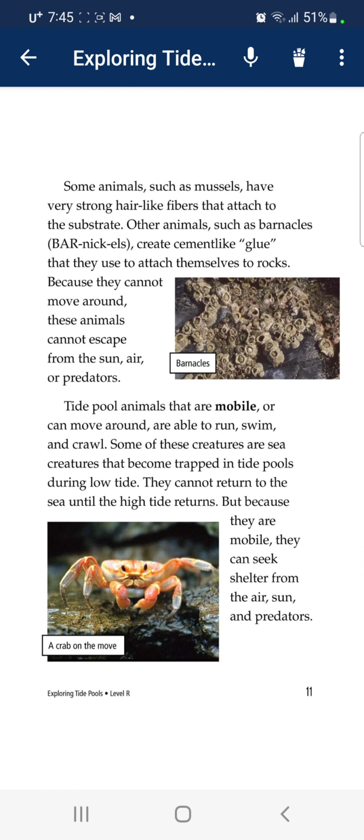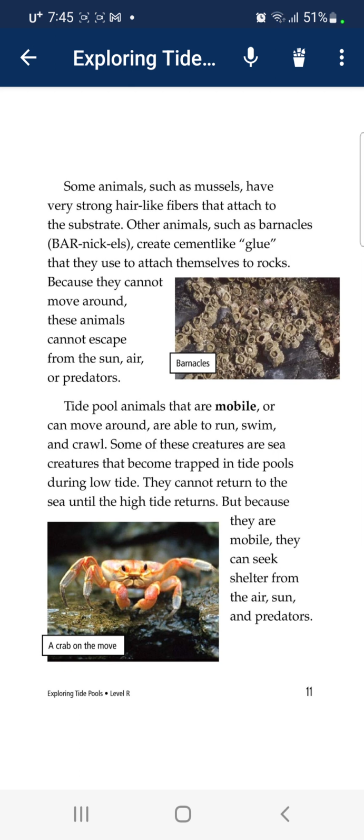Other animals, such as barnacles, create cement-like glue that they use to attach themselves to rocks. Because they cannot move around, these animals cannot escape from the sun, air, and predators.